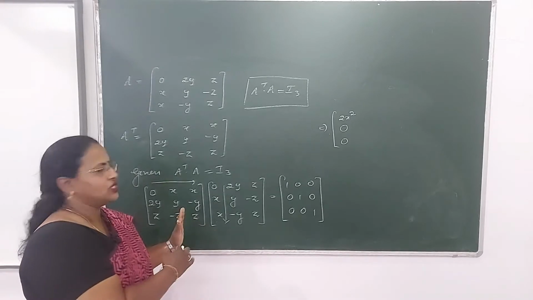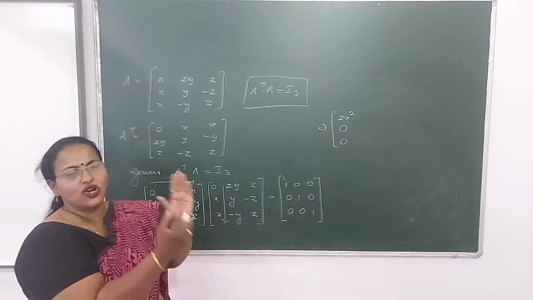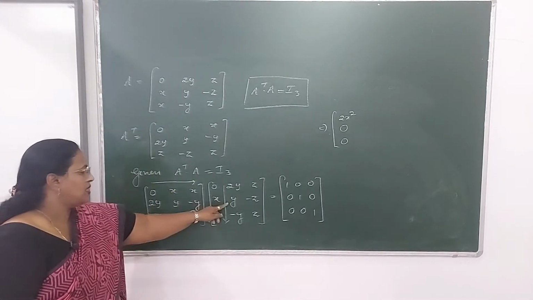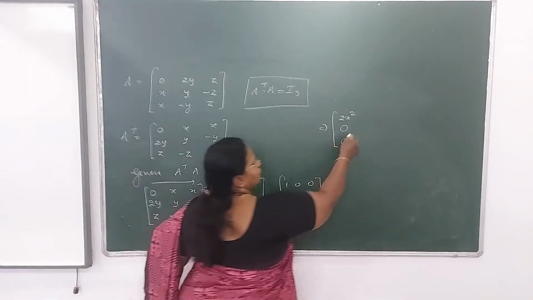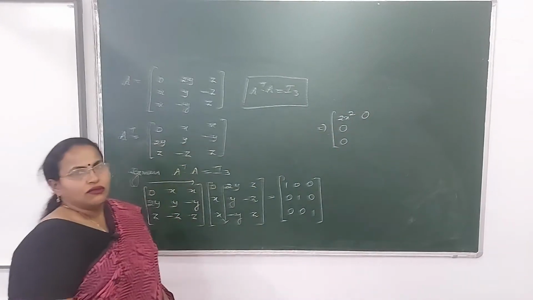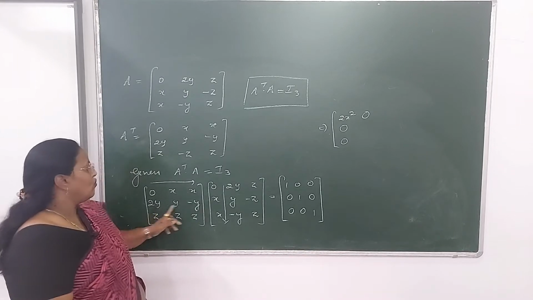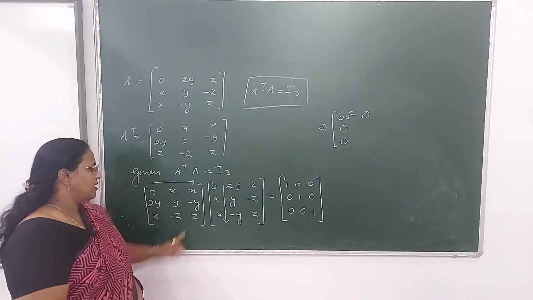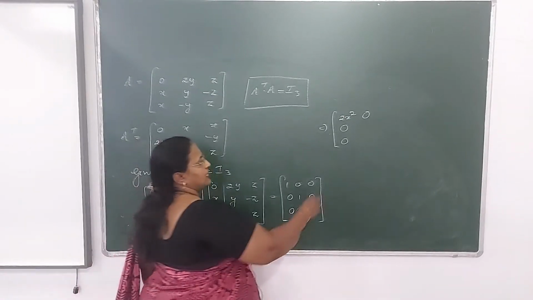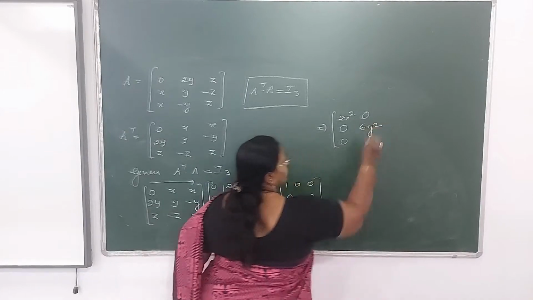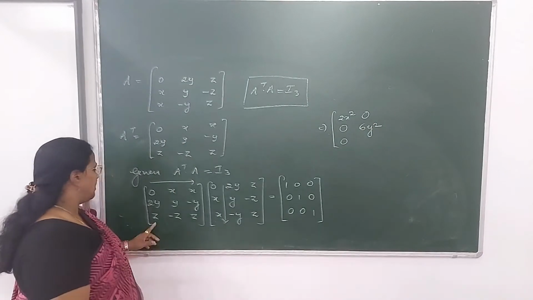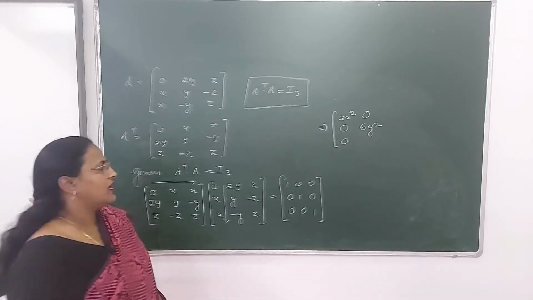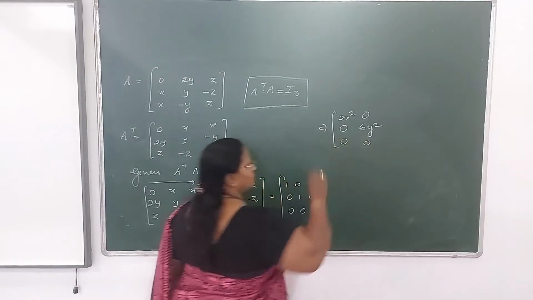So the first column is ready now. Likewise, the same procedure will apply to the next column. 0 into 2y is 0. This is plus xy minus xy means here you will be getting 0. Now second row, second column, 2y into 2y, it's 4y square, plus y square, 5y square, plus y square, that is 6y square here you will get. Now move to the next one, z into 2y, 2yz, minus zy, so this will result 0.